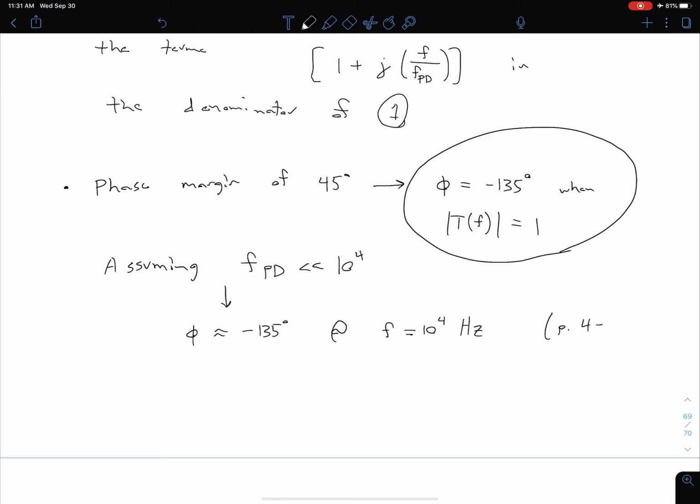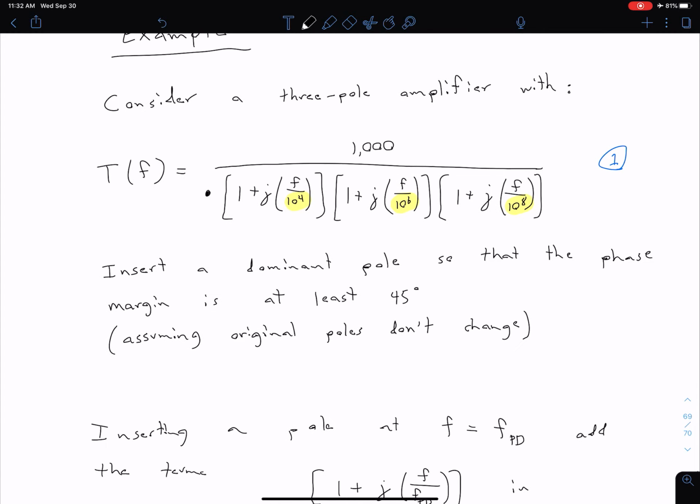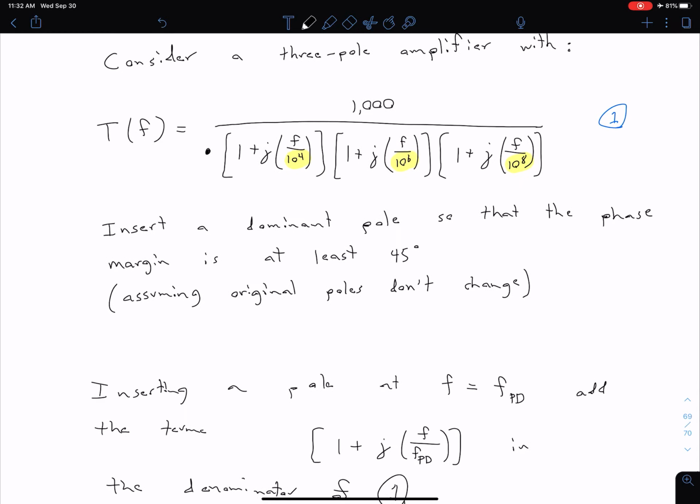If you're looking in the notes, that's on page 4-35. Okay, so now we know the frequency that we're going to be checking. We want at this frequency for our phase to be negative 135 and our magnitude to be 1. So let's write our equation for our magnitude here, and then we can use that information to solve for the frequency of this dominant pole.